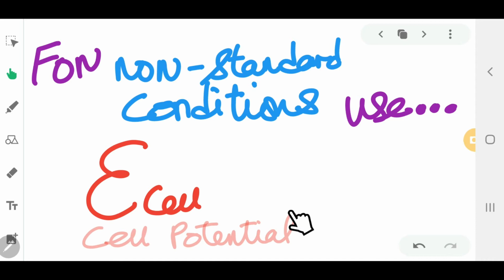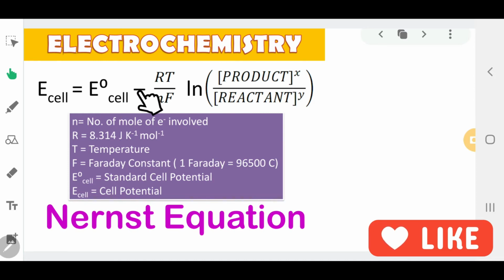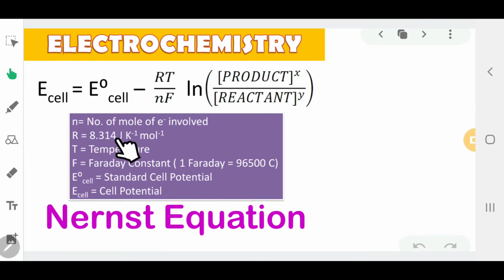And the equation that we have here is the Nernst equation, which enables us to calculate the cell potential under non-standard conditions. So you have E cell, the cell potential, equals the standard cell potential minus R. R is the constant right there, 8.314 joule per Kelvin per mole, times T, the temperature.